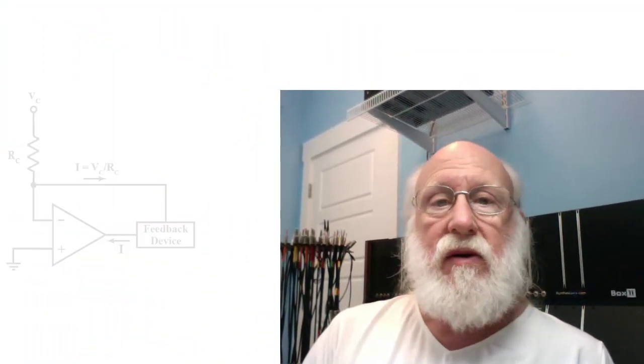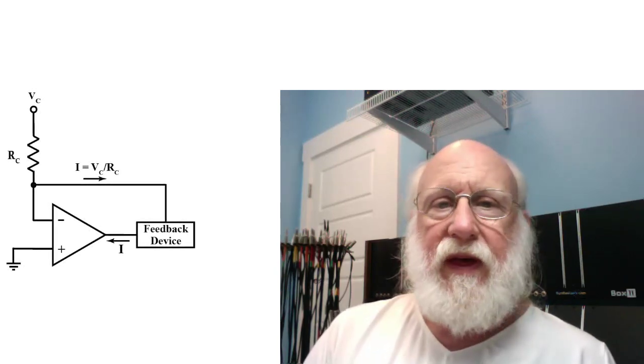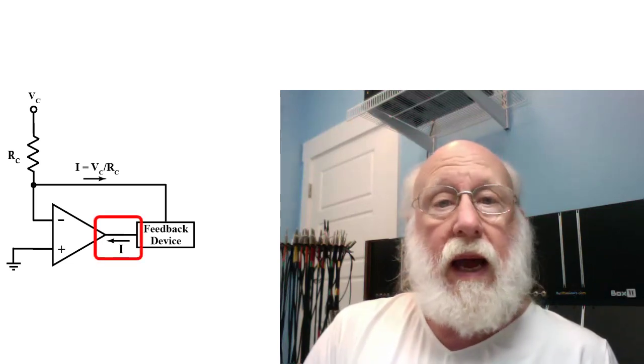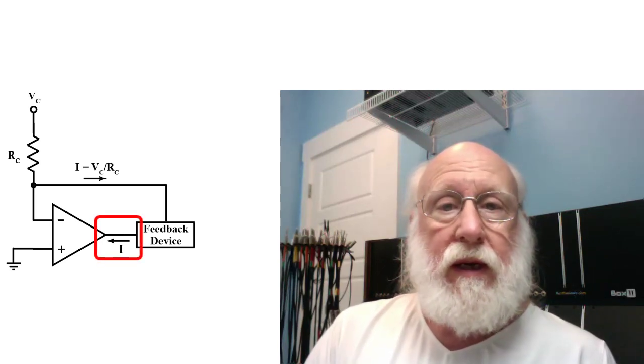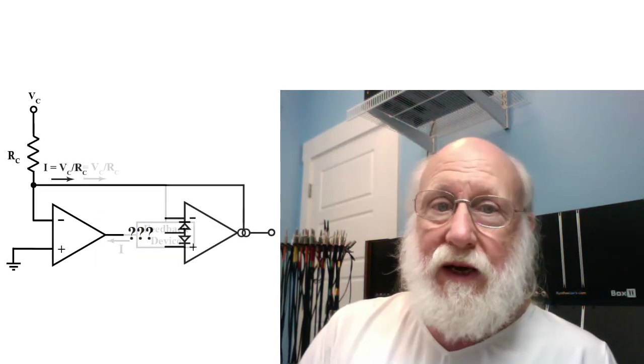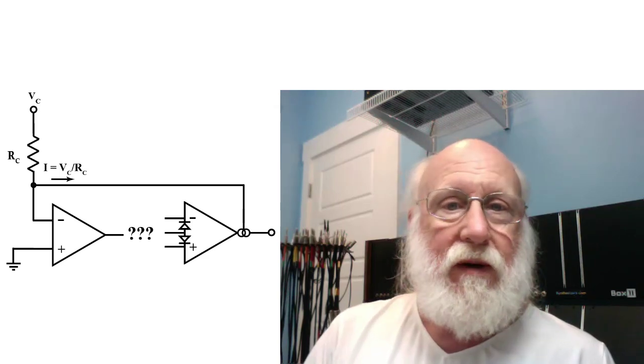In our study of op-amps, we saw very early on that it's easy to convert a voltage to a current. The problem with that is that all of the current goes into or out of the op-amp output, meaning that somehow or other you've got to connect that OTA directly to the output of the op-amp.